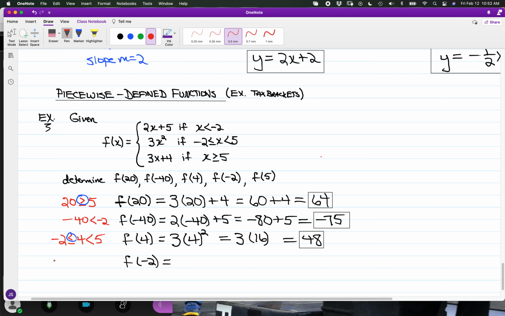So once again, like what we had with 4 just a moment ago, we're going to have the compound inequality to apply. This compound inequality is made true with the inclusion of the equal sign. And so once again, just like with 4, negative 2 is going to undergo the 3x squared treatment. So we will have 3 times the square of negative 2. And the square of negative 2 is going to be 4. And 3 times 4 is equal to 12.